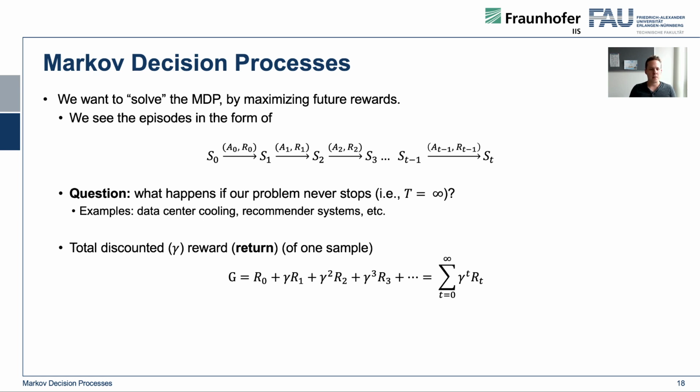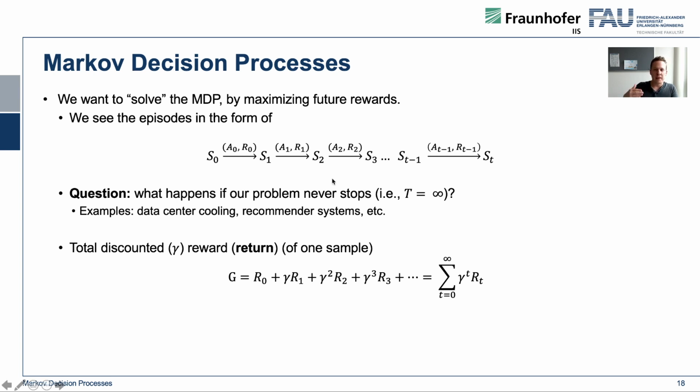And what you would immediately say is that this sample is as good as all the rewards we collected along the way, which basically lets us define the total discounted reward, so discounted by gamma, also called the return of a single episode, which can be simply defined by the sum over all the rewards that we have got until the end. The end could be infinity, or the end could be some terminal state.